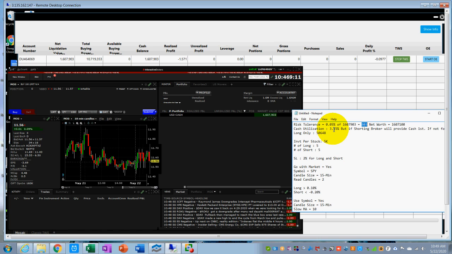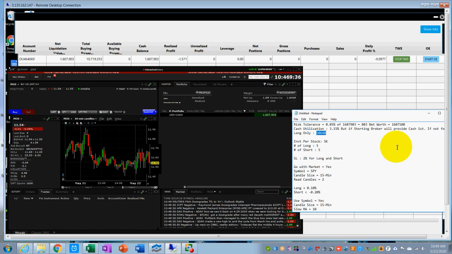The second thing is the cash utilization. If you go through the features of cash utilization, where I was talking about the percentage which you allocate on your net worth is the percentage which we are talking about. In this example, I'm showing around 3.15%, which is roughly around $50,000.